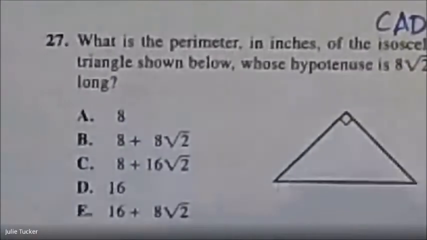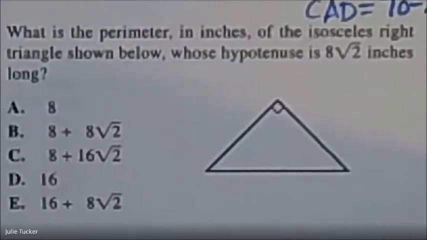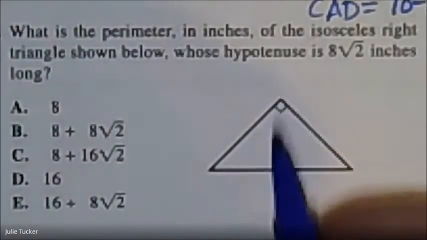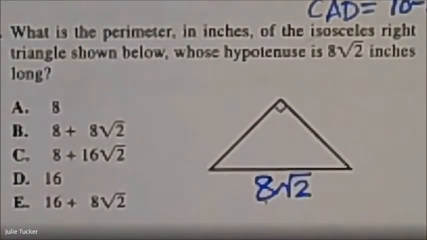Number 27. What is the perimeter in inches of the isosceles right triangle shown below, whose hypotenuse is 8 times the square root of 2 inches long? All right.